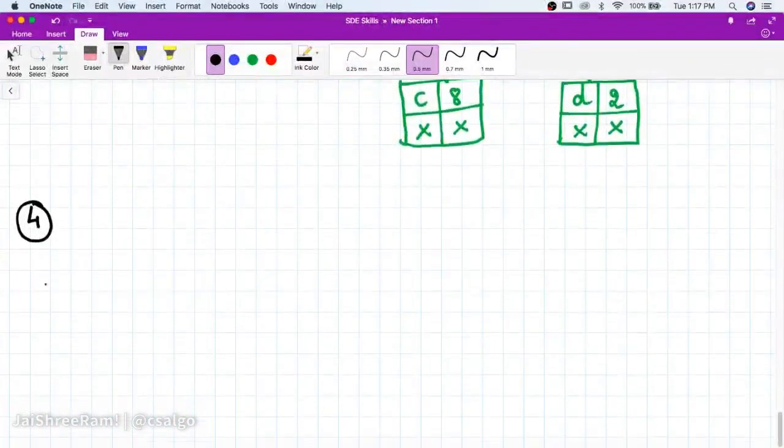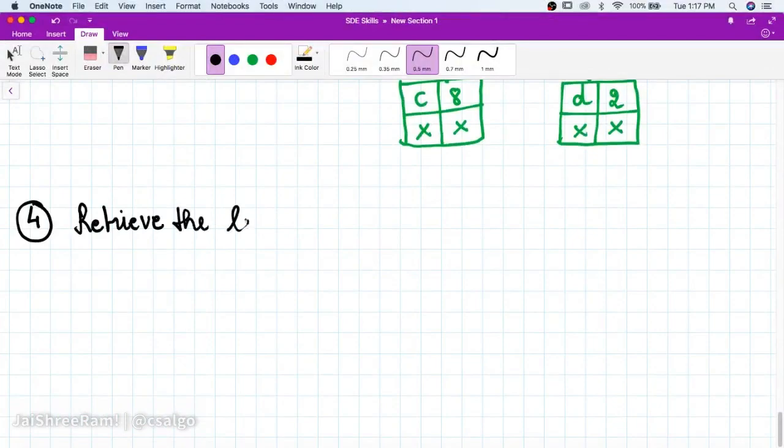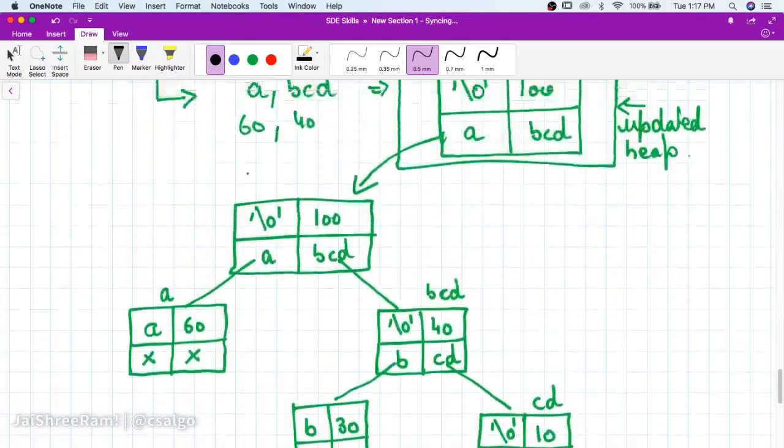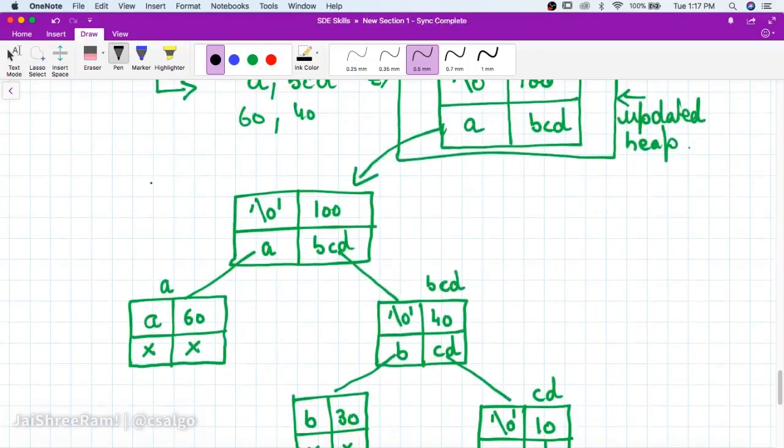Now the fourth step is retrieve the last node. I have taken out the last node and also expanded it here. So this is how the last node will look.